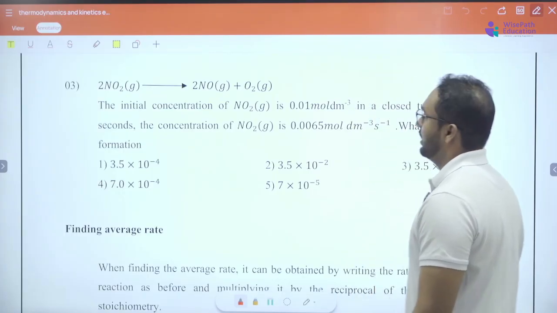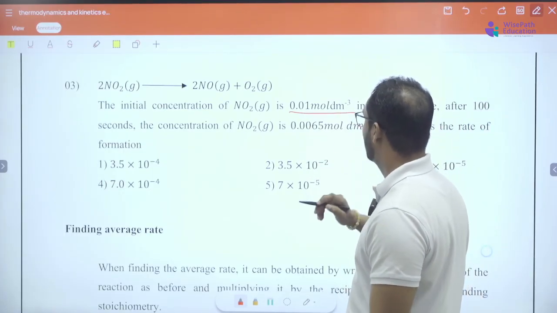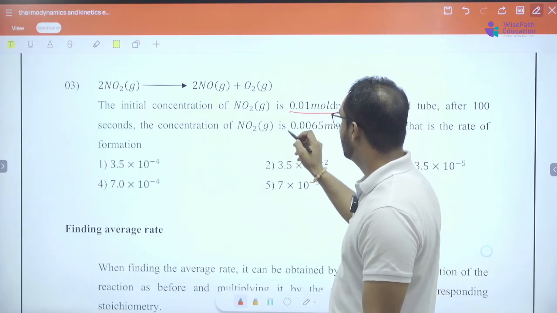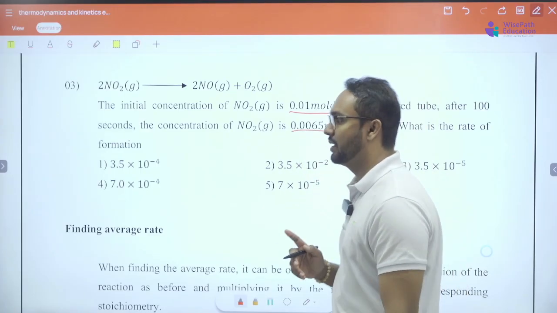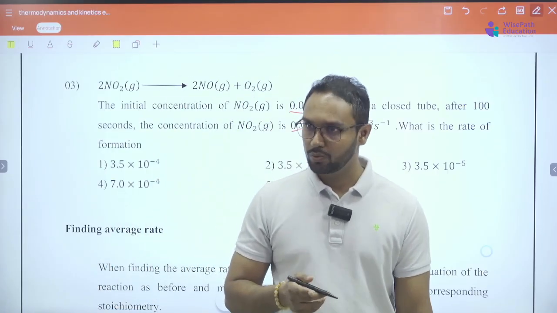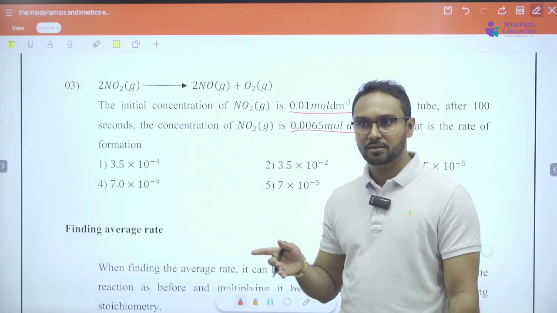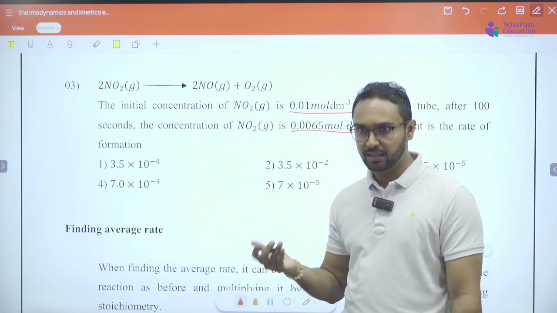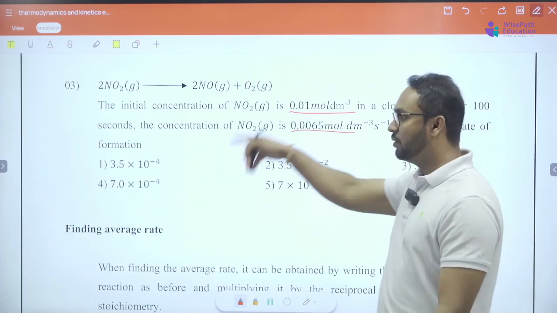So the initial concentration of NO2 is this, and the final concentration of NO2 is this. Using that and the time given, you can calculate the rate of consumption of NO2, because the concentration difference over time is the rate of reaction here. But the question is asking what is the rate of formation.